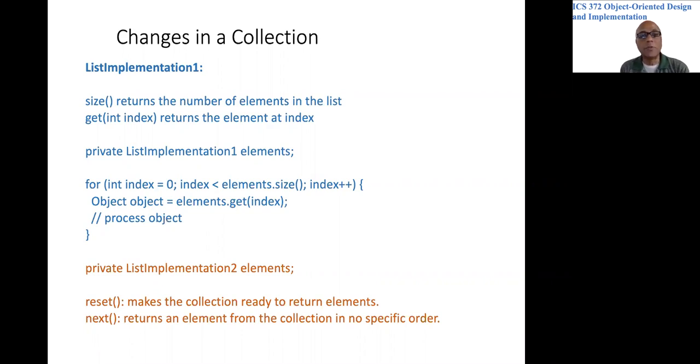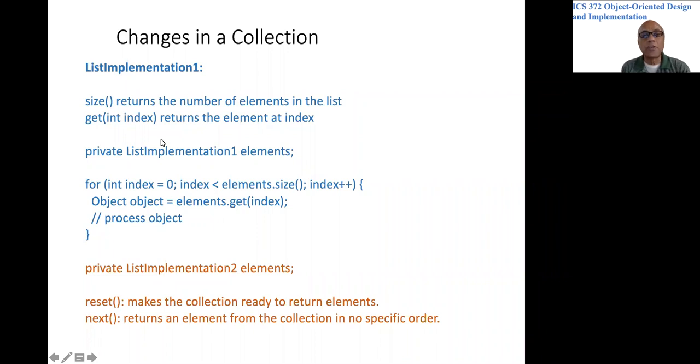Now let's assume the collection designer, the person who wrote list implementation 1, comes up with a new version of that. Perhaps it is list implementation 2, and assume that there is no size method, there is no get method in list implementation 2.